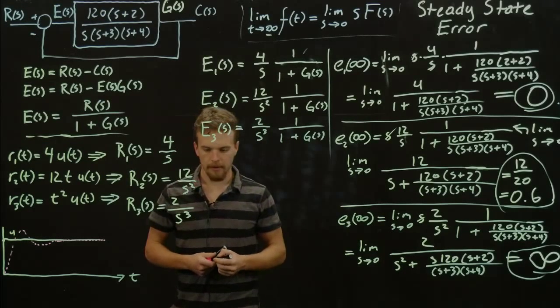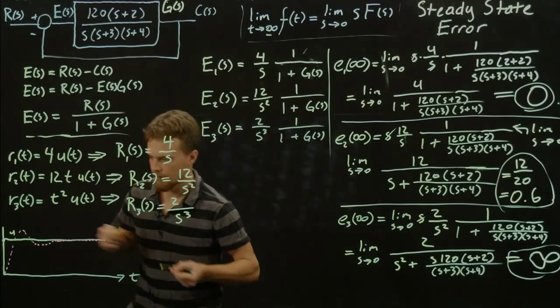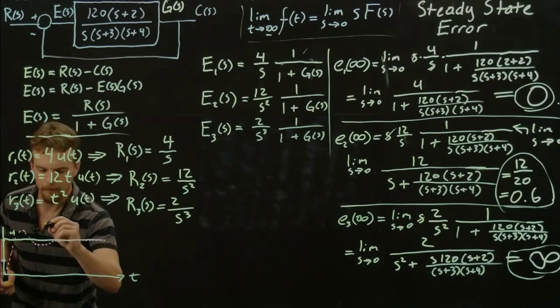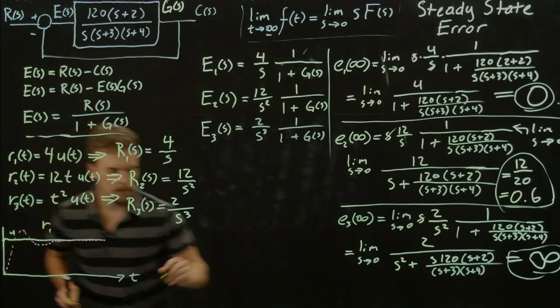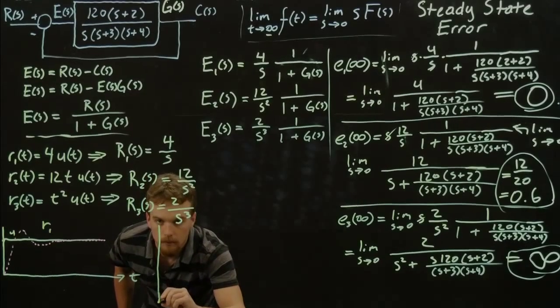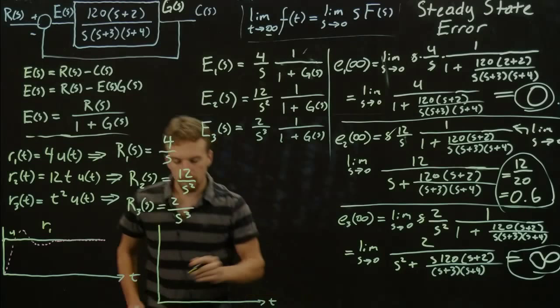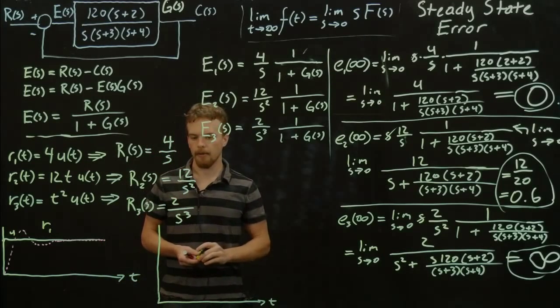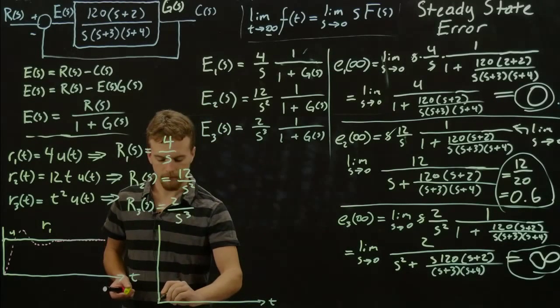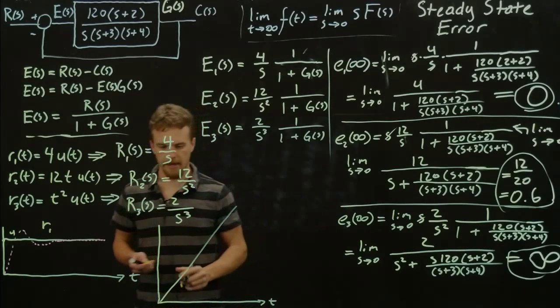So let's try for, say, the ramp input now. We had a ramp input of that. We picked that.